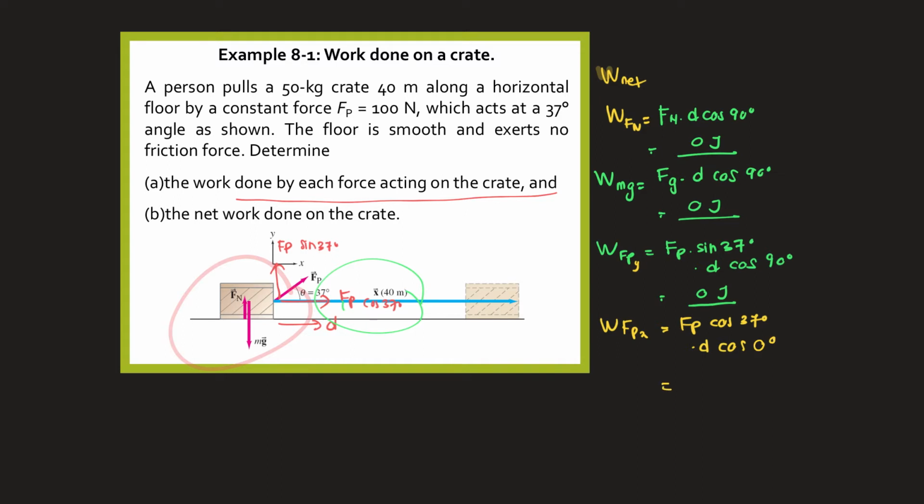Your Fp here is 100 Newton cos 37, and your displacement, you move some distance of 40 meters, and then your cos here is cos 0 degrees, because the directions of D and your Fp cos 37 are in the same direction. Then you are going to get your answer here: 100 cos 37 times 40. So the answer is going to be 3.19 times 10 to the power of 3 joule, which means you get positive energy, which means an increase of energy.